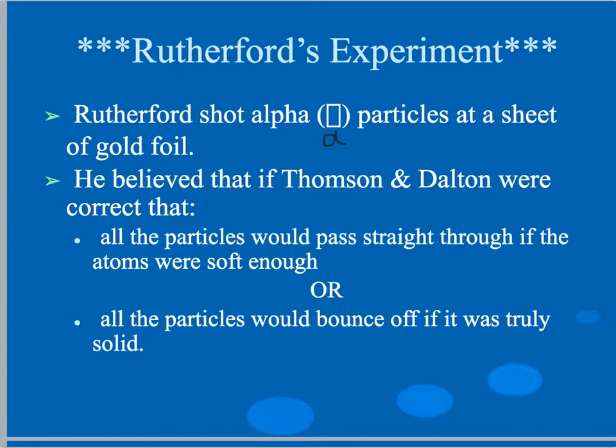So that was what he expected. So he thought that 100% of the alpha particles shot at the gold foil would behave in exactly the same way. So it would either all go through or all bounce back.